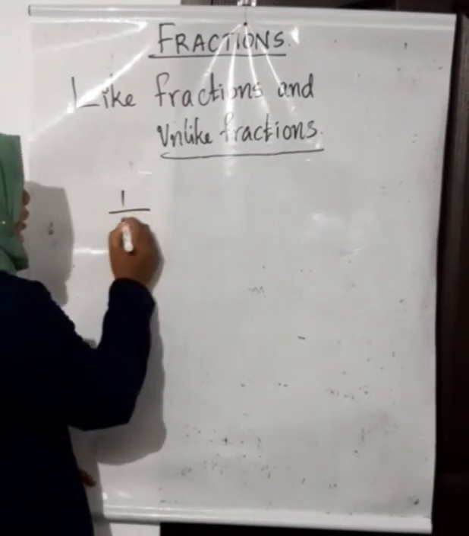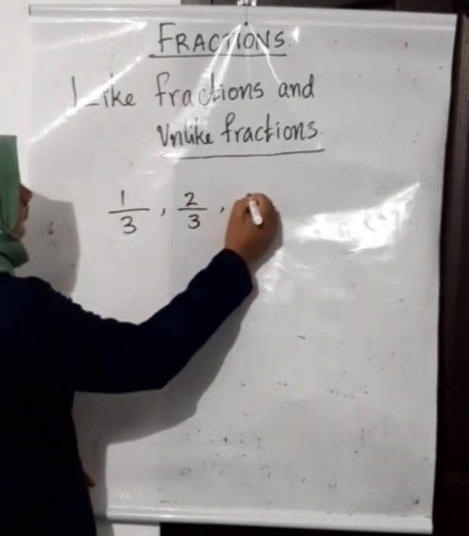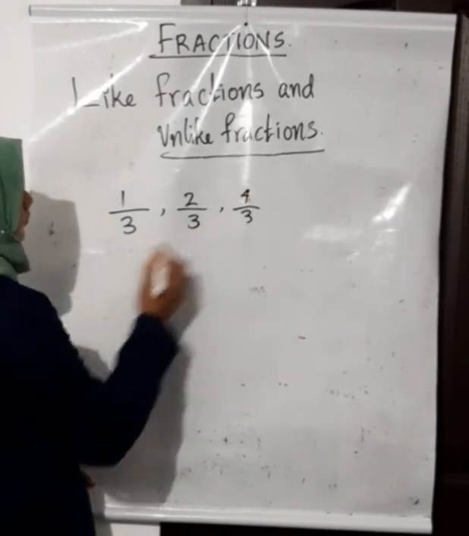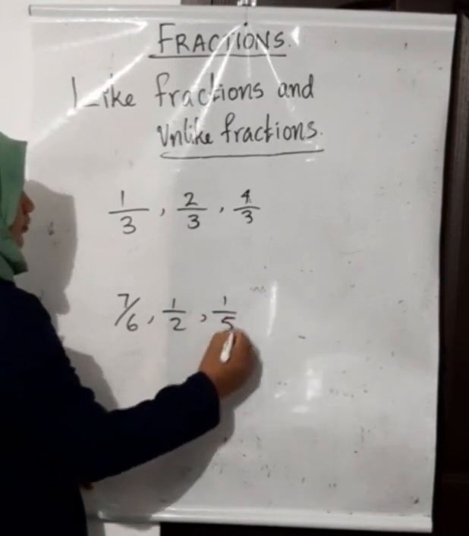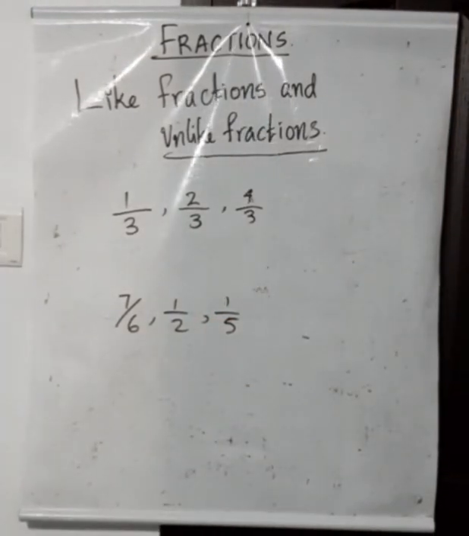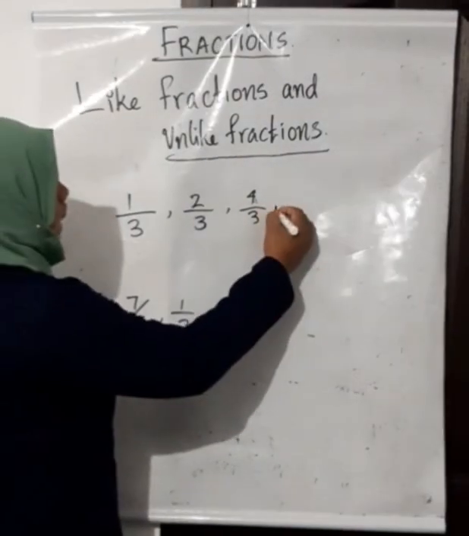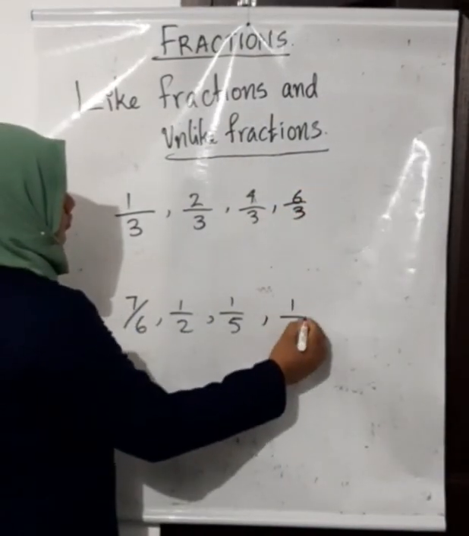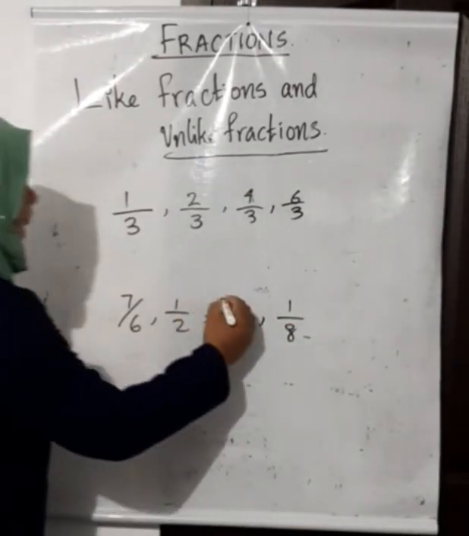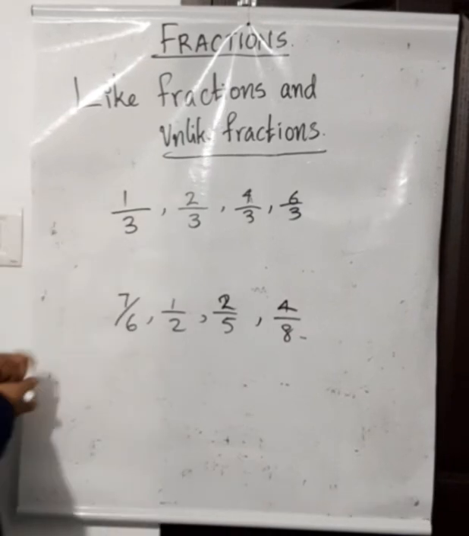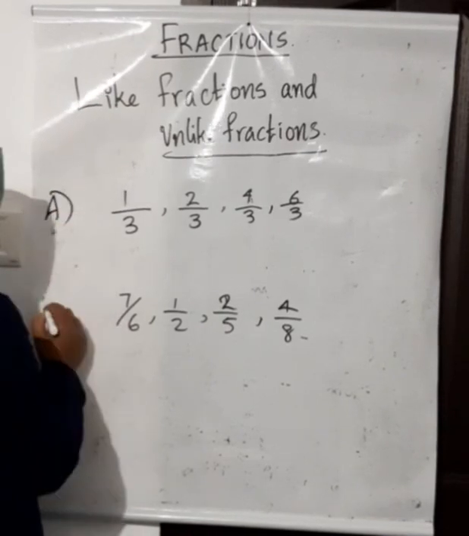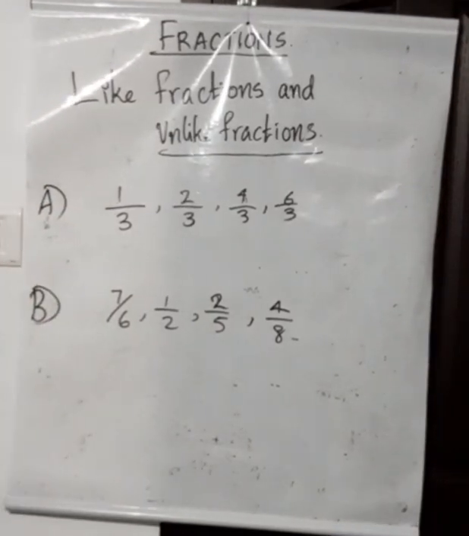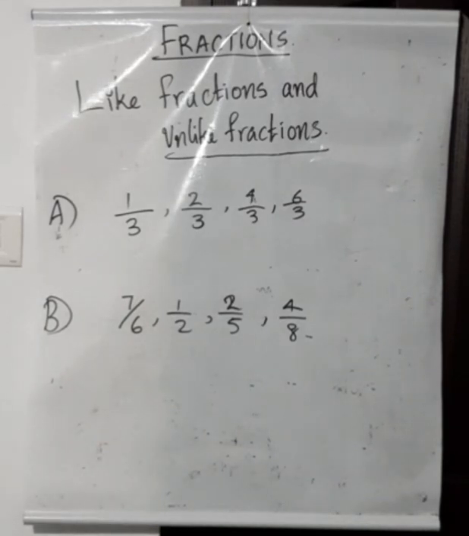The first set of examples, let us name it A. In example A, we have 1 by 3, 2 by 3, 4 by 3, 6 by 3.